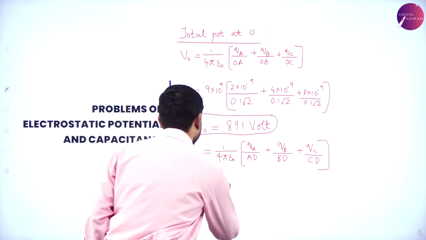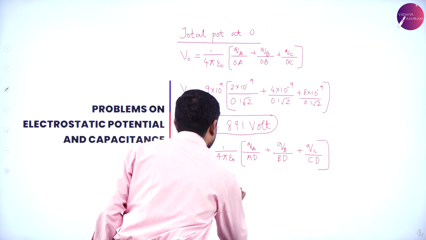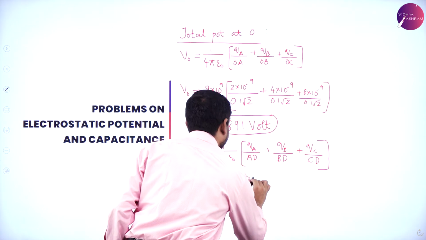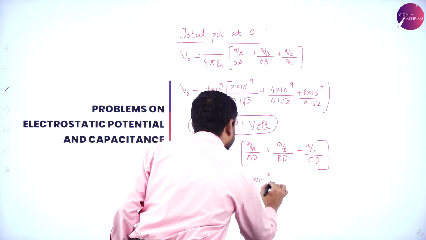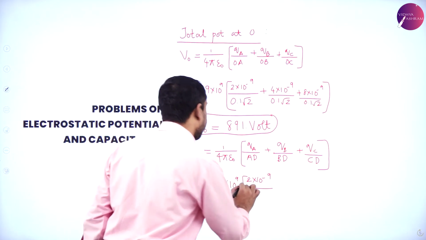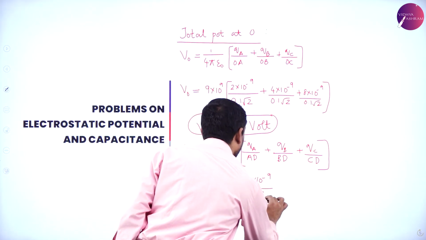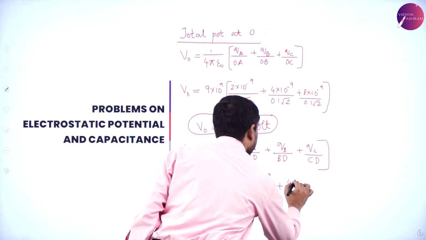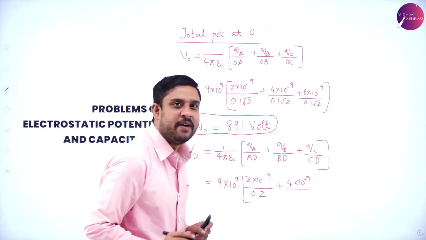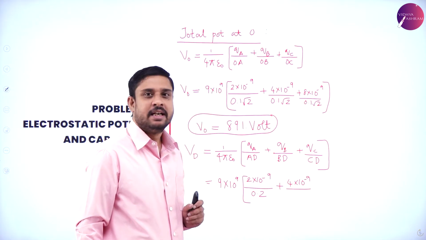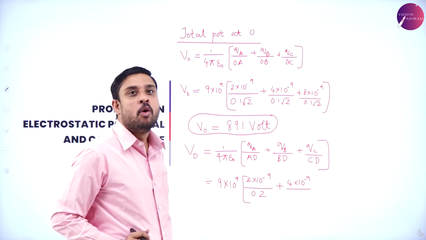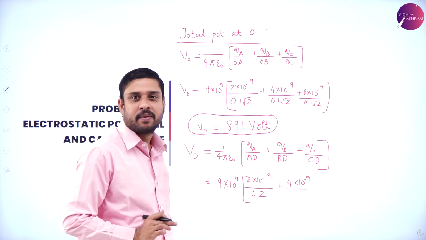Again substitute 9 into 10 power 9. Again QA 2 into 10 power minus 9. Now AD is the side of the square, 0.2. Now this BD, be very careful, is the hypotenuse whatever you have calculated.